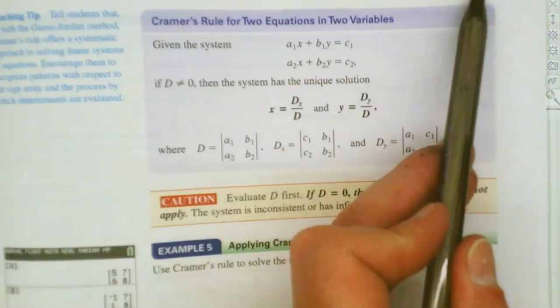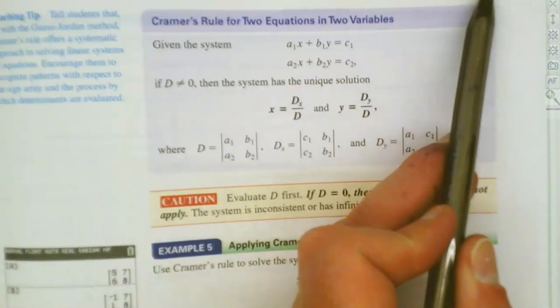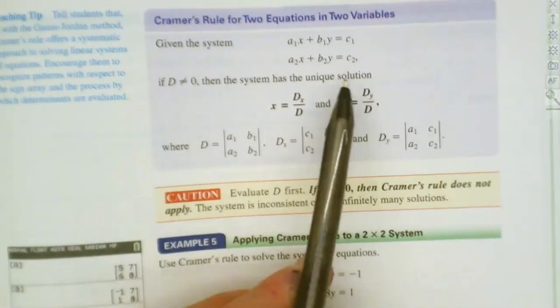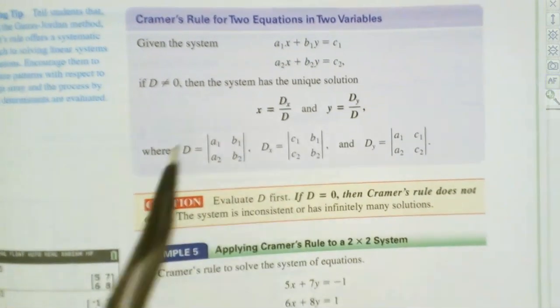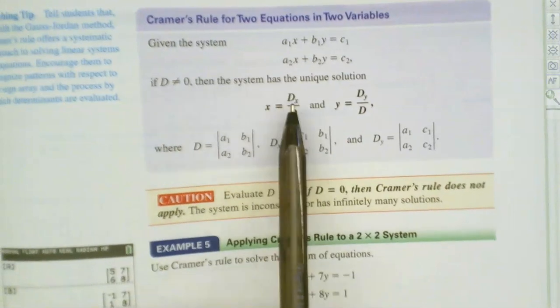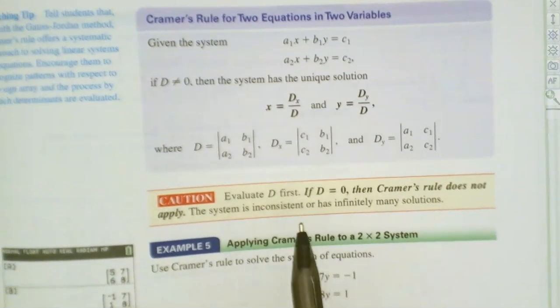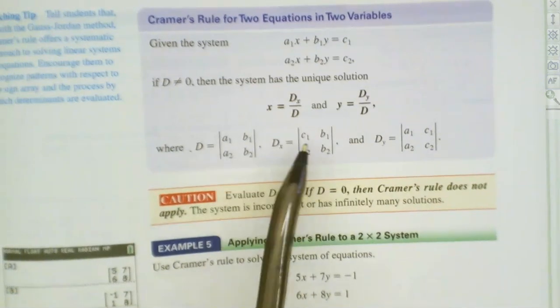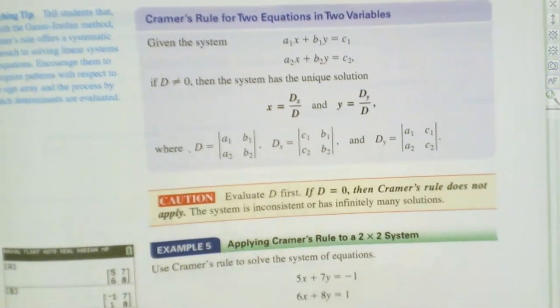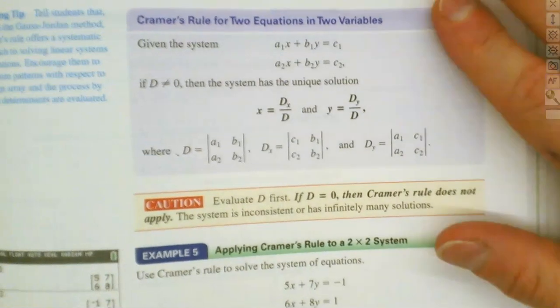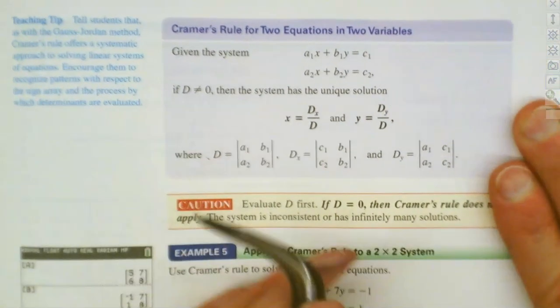But this is on page 565. And this is for two variables. We use what's called Cramer's rule. So you have to find dx, dy, and your master determinants below. And you can see what they are. And again, we'll talk about these here in a moment. This is our ultimate goal, is to use Cramer's rule.